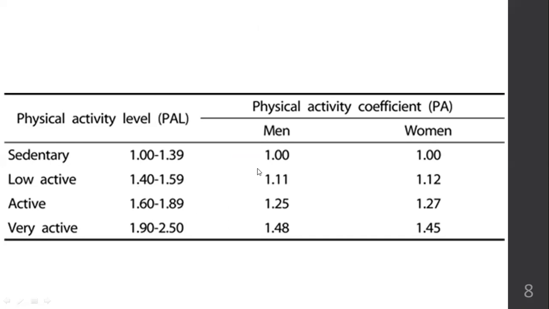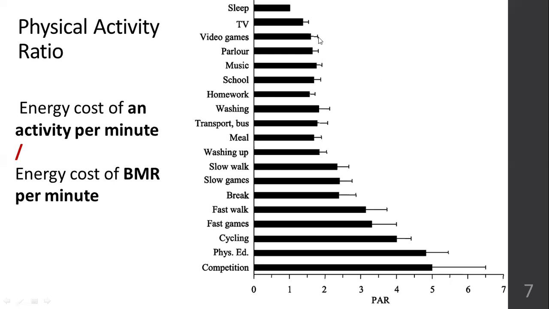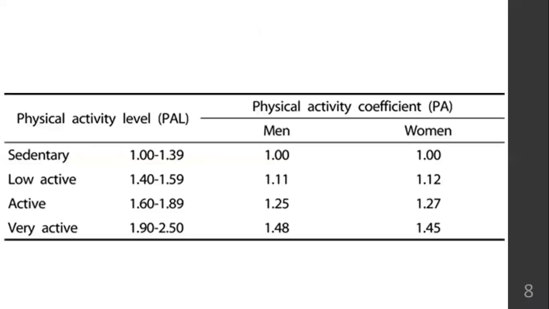When you add up these numbers, parlor is around 1.5, cycling is around 4.2, taking part in a competition is 5. When you add up all these observations, the sum of the observations divided by the number of observations, you will get an average.